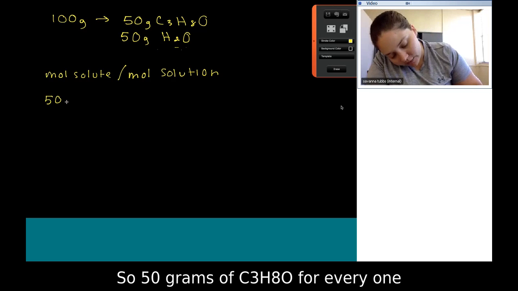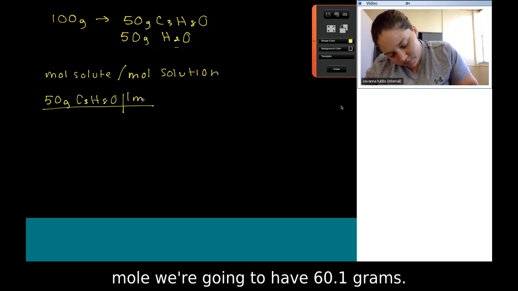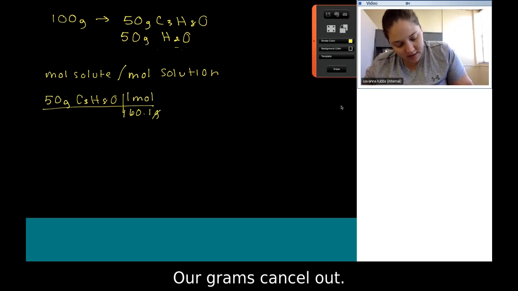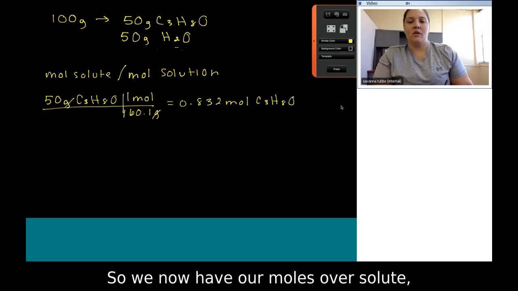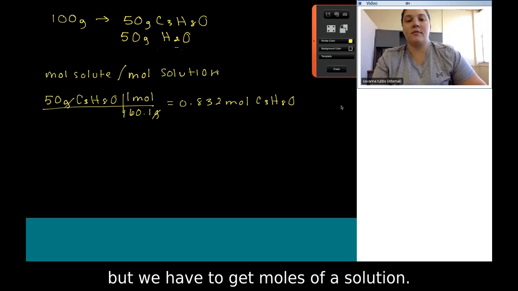So 50 grams of C3H8O, for every 1 mole, we have 60.1 grams. Our grams cancel out, and we'll end up with 0.832 moles of C3H8O.